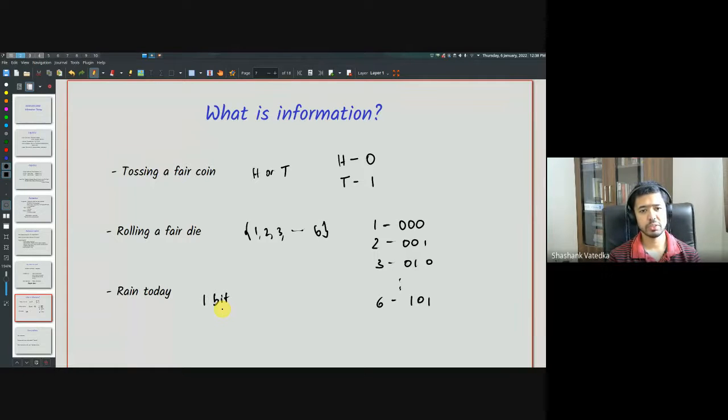So compare this with tossing of a fair coin. When you toss a fair coin, again you're getting 1 bit of information. But if I tell you that it didn't rain today, you're also getting 1 bit of information. But do you think the 2 are in some sense the same? Do you think you've got more information in one case than the other?